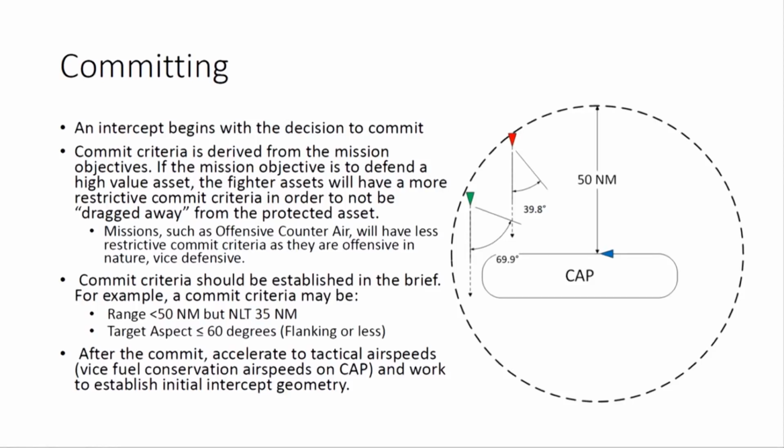Once you've decided to commit to an intercept, you want to accelerate to tactical airspeed as 400 knots, Mach point 0.8, typically, as opposed to your max conserve airspeed that you were on station at cap with, typically 4.5 units of AOA, which would give you about 280 knots or so at 25,000 feet. You would want to accelerate from that to a more tactical airspeed for the intercept.